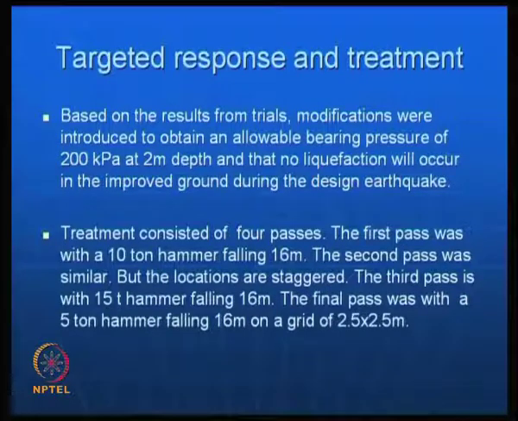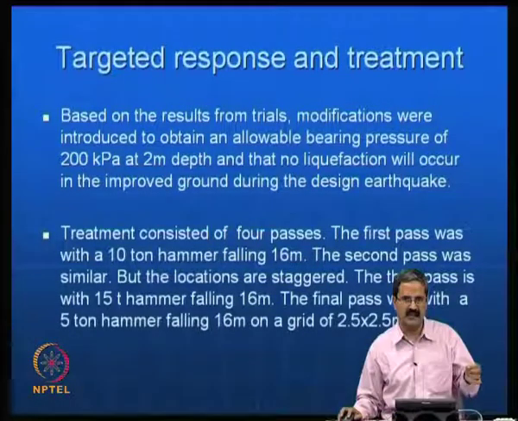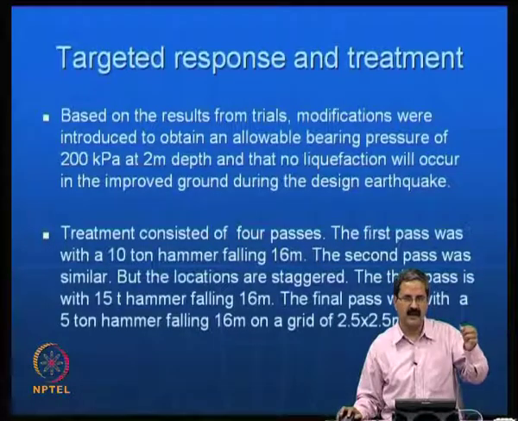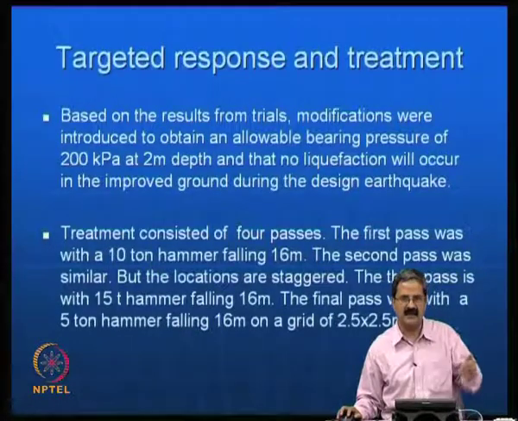So, there are some criteria one needs to fix for the particular site. We know how to conduct an SPT test, and we know there are so many corrections in the SPT test.